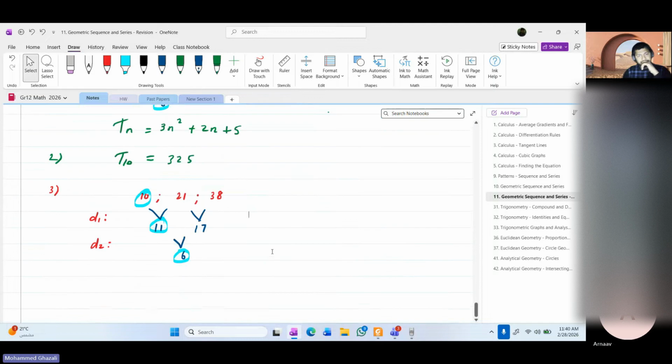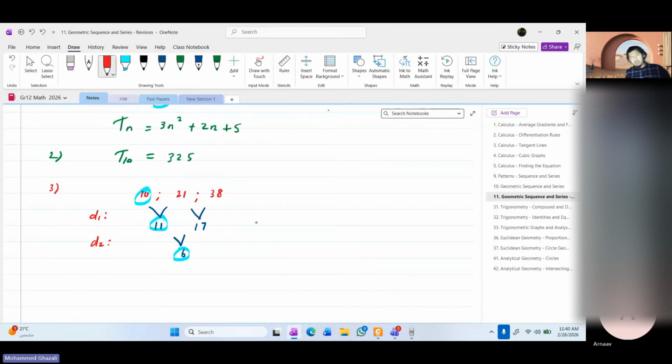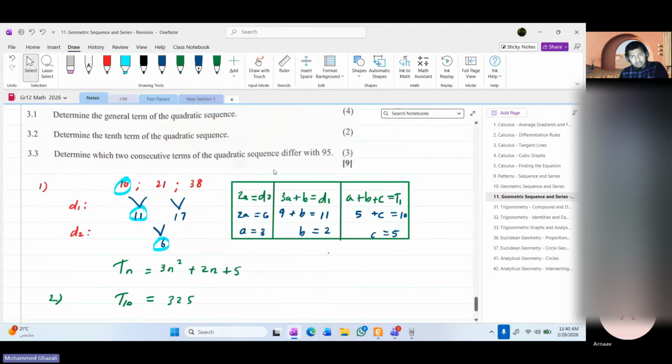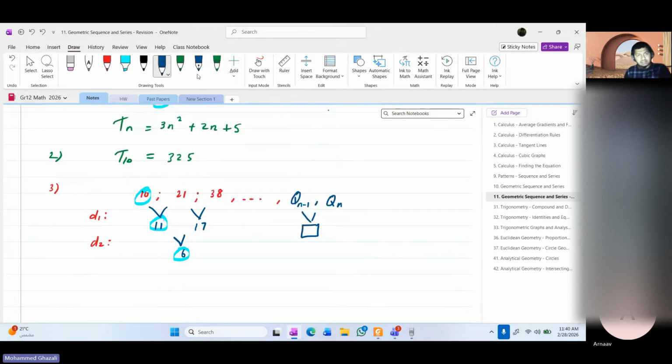Now, obviously, you're going to continue the pattern, and they want to know there's a quadratic pattern here, and there's another quadratic pattern there. So the difference between these two, so if this is Qn, this will be Qn minus 1. The difference between these two quadratic patterns will give me a common difference of 95. So this value needs to be 95, right?